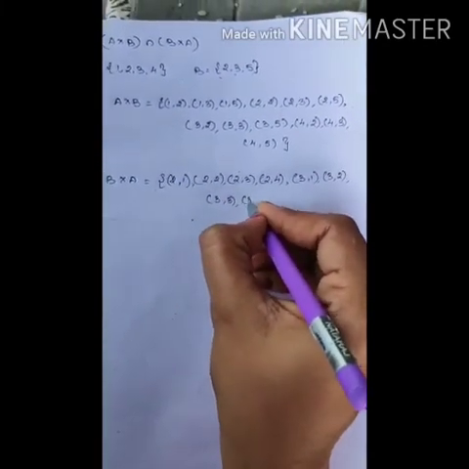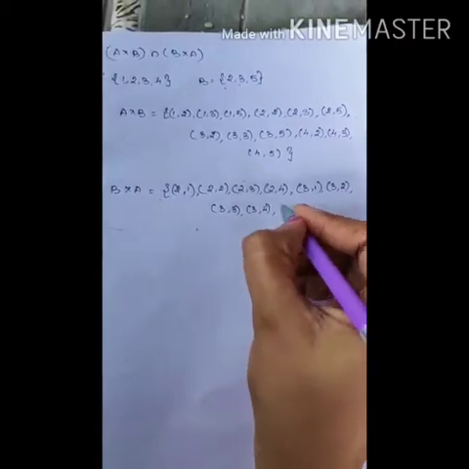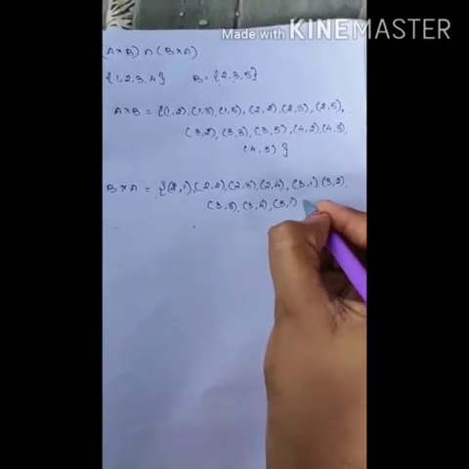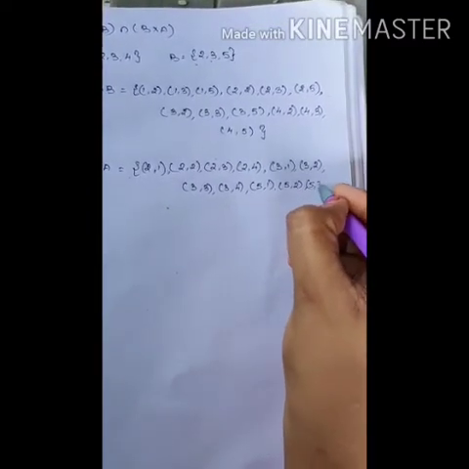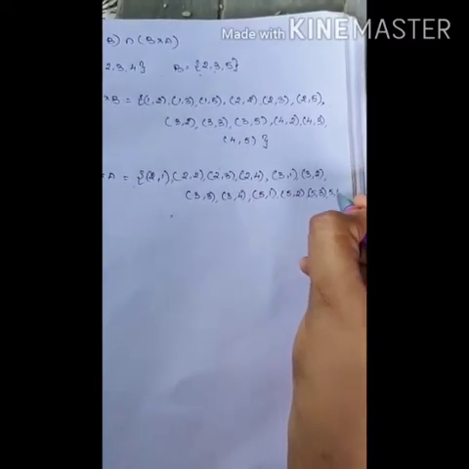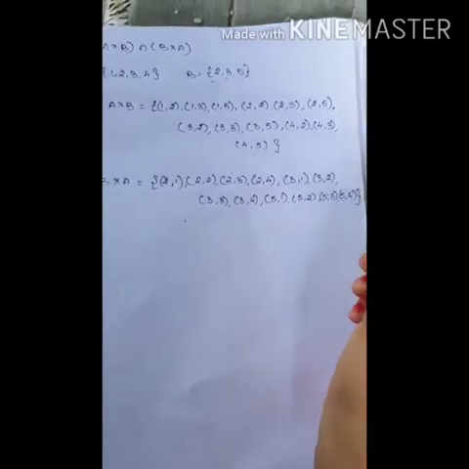And similarly for the last element 5, we will get (5, 1), (5, 2), (5, 3), and lastly (5, 4). So these are our two different cross products, A cross B and B cross A.